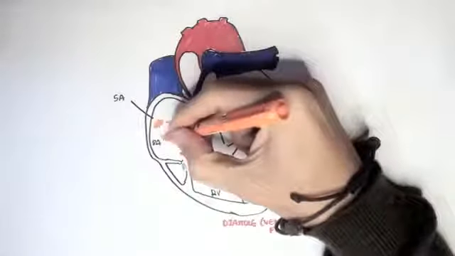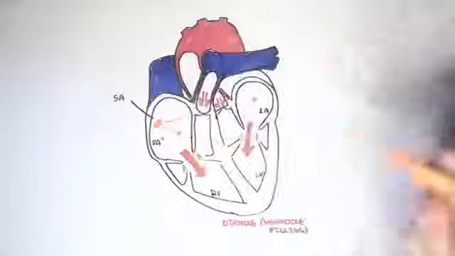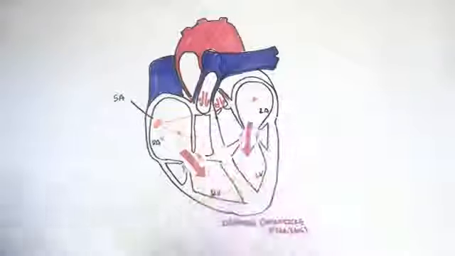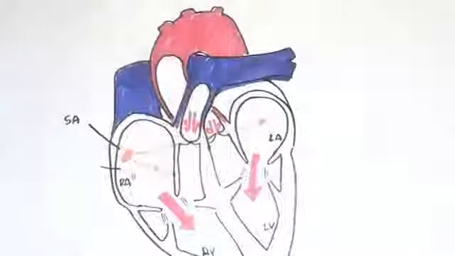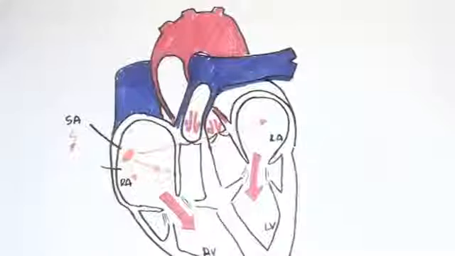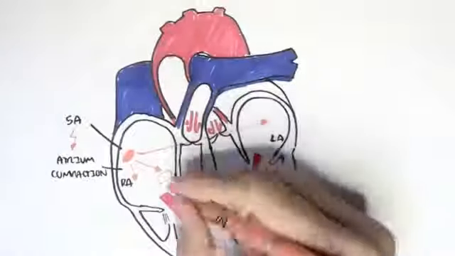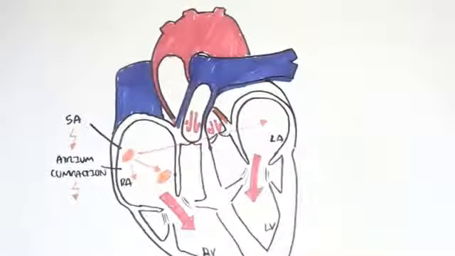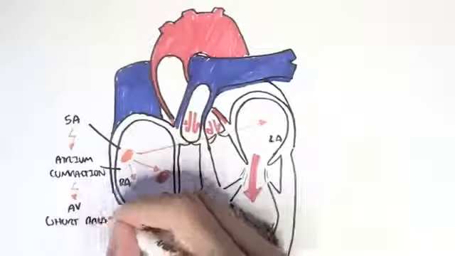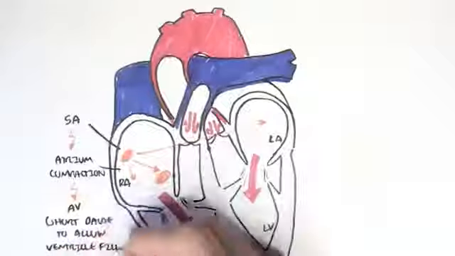So for example, the sino-atrial node will depolarize and send impulses to the right atrium and the left atrium, causing them to contract, causing them to fill the ventricles with blood. Also, the impulse will travel to another important node known as the atrioventricular node, situated here.